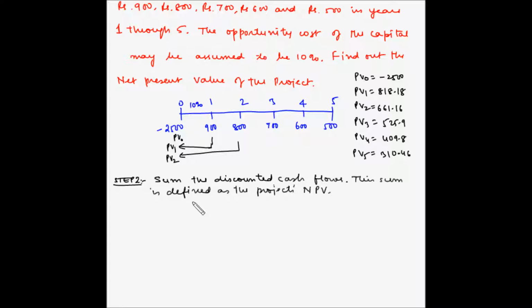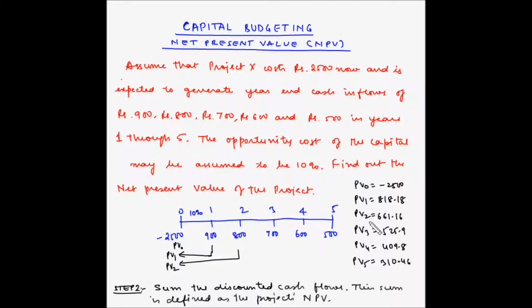Now the next step says sum the discounted cash flows. This sum is defined as the project's NPV. So here I have noted down all the present values that we had found in the previous step. Here we have noted the outgoing cash flow as negative and the incoming cash flow as positive.